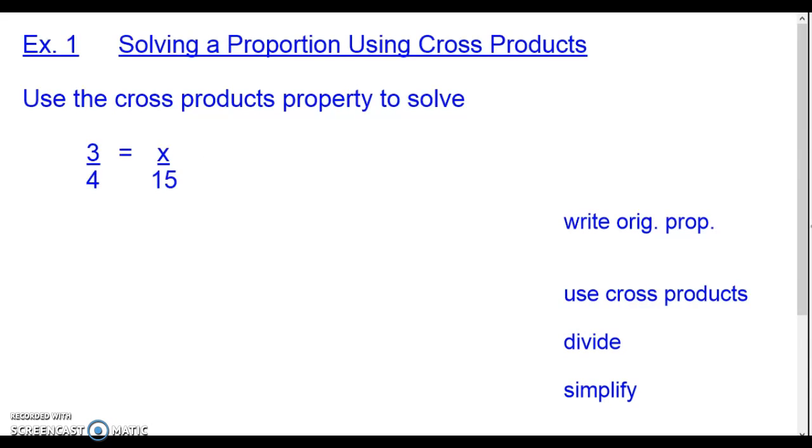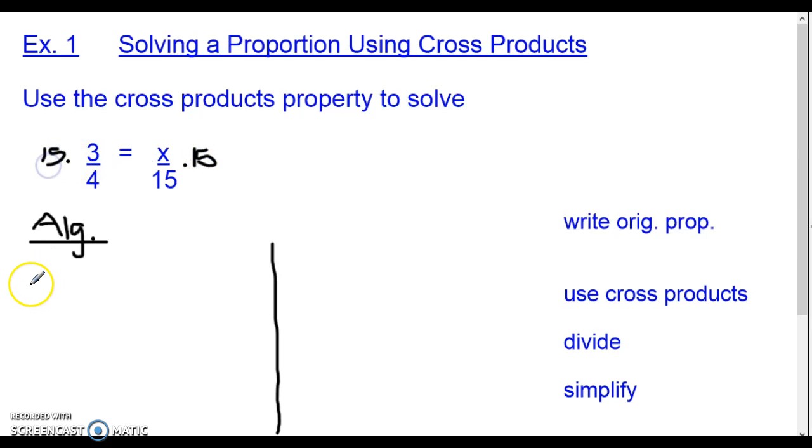So prior to this lesson, we would have used algebra, and we're going to try using algebra to see how the steps are similar. So here you have 3/4 equals x over 15. So when I use algebra, I'd ask myself, what is happening to my variable? And here my variable is being divided by 15. So the inverse operation of division would be multiplying both sides by 15.